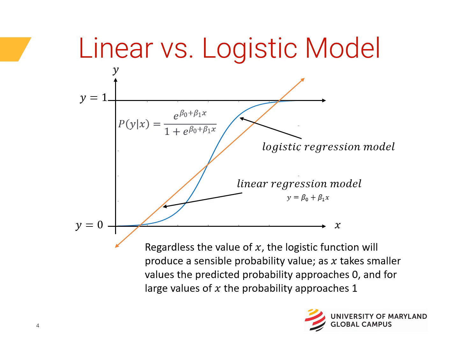Linear regression is interpretable and provides a straightforward way to quantify the impact of predictors on the response. However, it may not be suitable when the relationship between the predictors and the response is nonlinear or when the response is categorical. Logistic regression, on the other hand, is specifically designed for categorical responses and can handle nonlinear relationships.